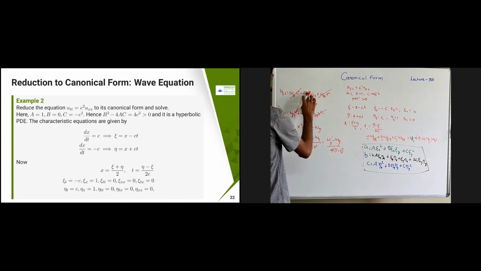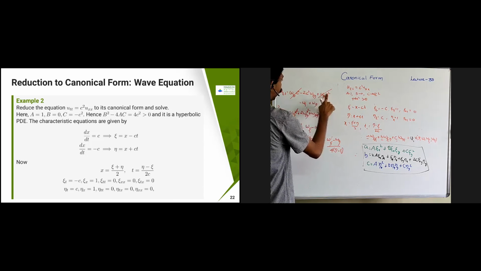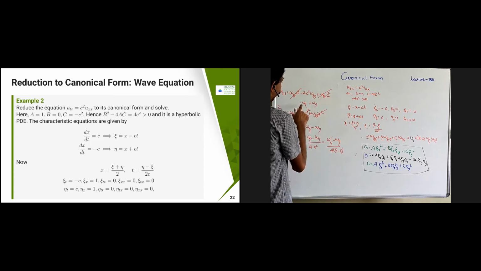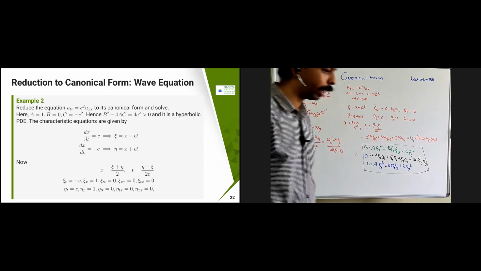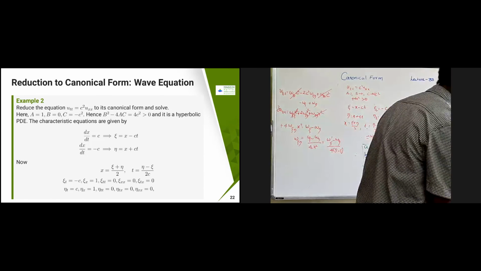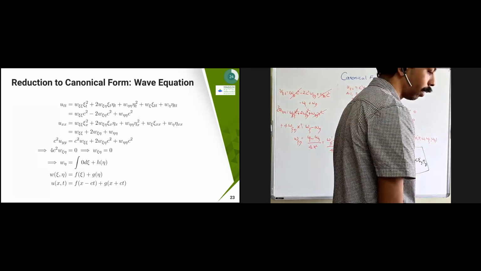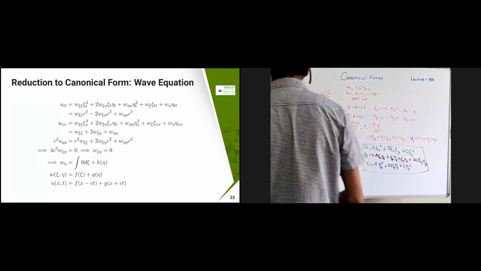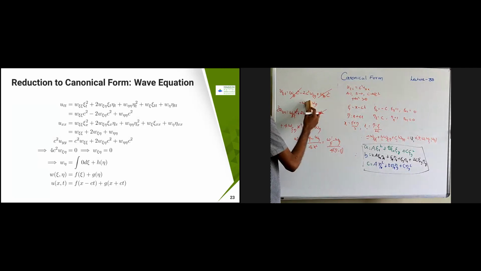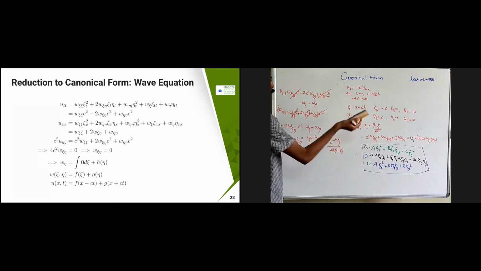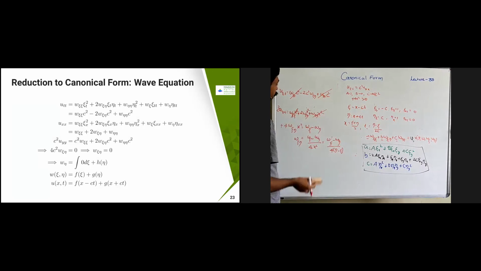Similarly here you will get c square. And once I come over here, those terms will vanish. This term will not be there, because w_chi into chi_tt will come, that is 0, and w_eta into eta_tt is also 0.